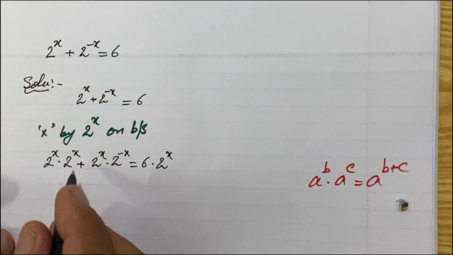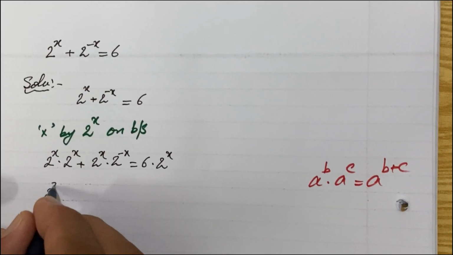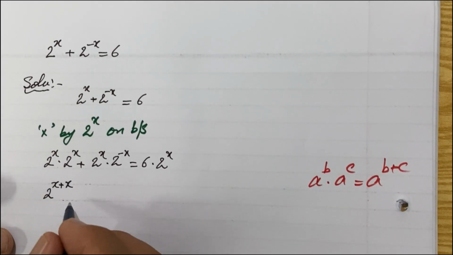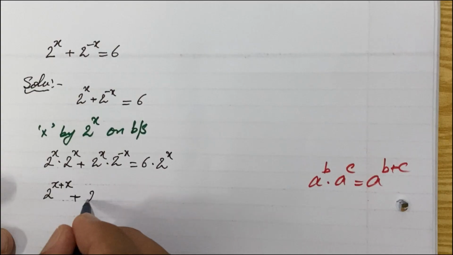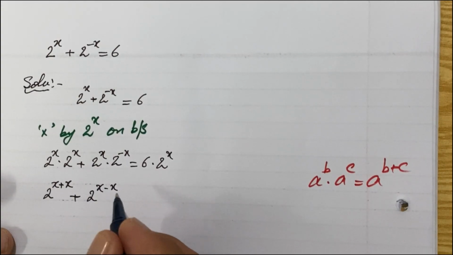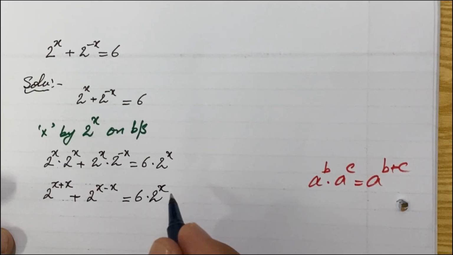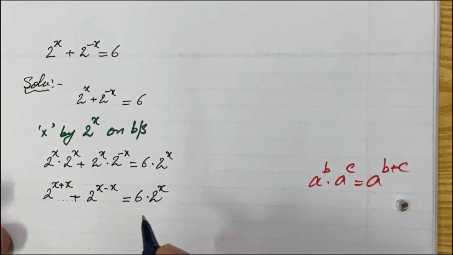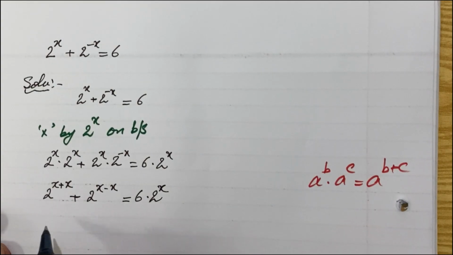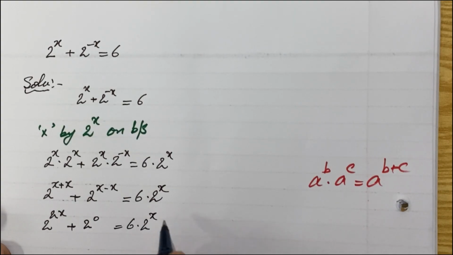Then 2 raised to the power x plus x plus 2 raised to the power x minus x is equal to 6 into 2 raised to the power x. Now 2 raised to the power 2x plus 2 raised to the power 0 is equal to 6 into 2 raised to the power x.